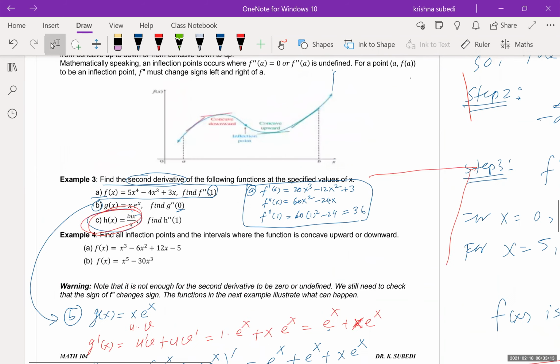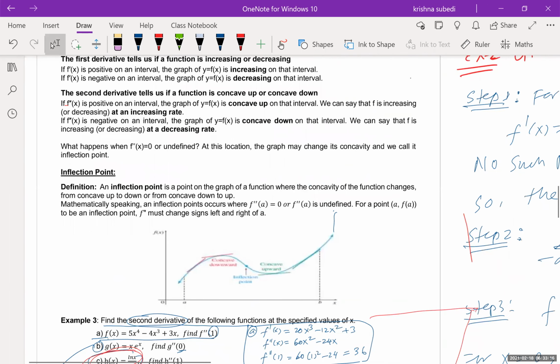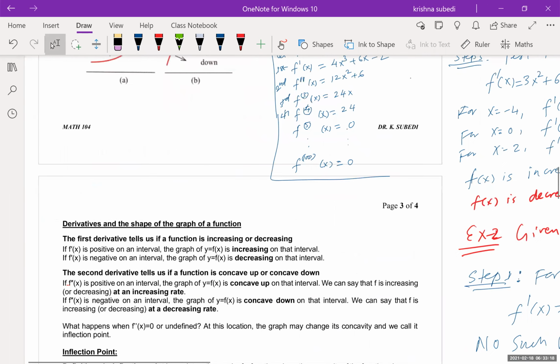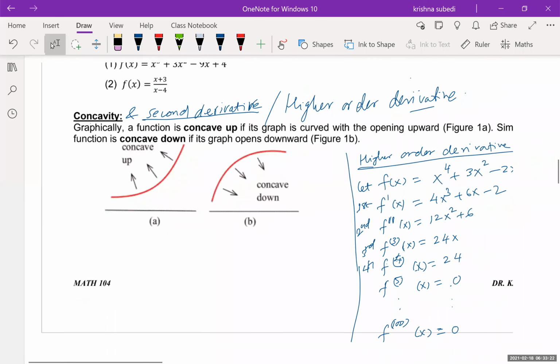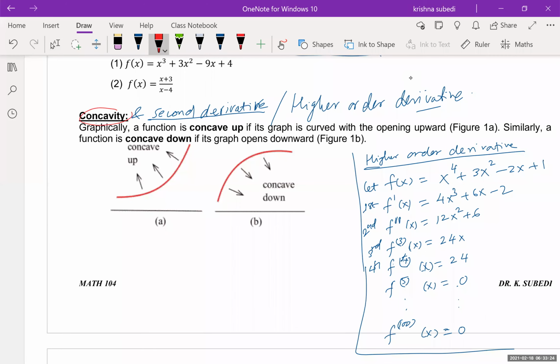Now we define the concavity. Let's go back all the way here. Another very important concept that we'll be talking about is concavity. As you saw earlier at the beginning of the class, in part 1, concave up means something like this.